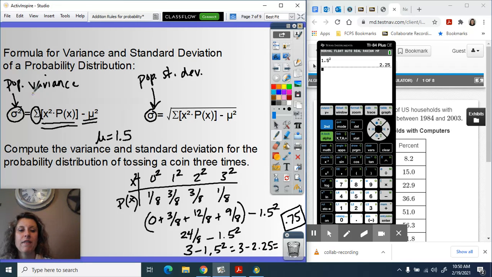Now, 0.75 is the variance. We've been calculating the variance. So in order to find the standard deviation, I would square root that. Okay, so our variance for this example is 0.75, and our standard deviation is going to be the square root of 0.75. Let me do that.